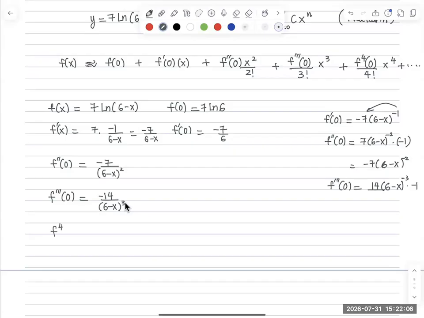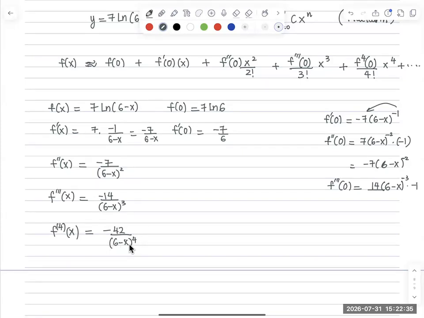So for f4, with the pattern that we have, oops, why did I write 0? That should not be 0, that should be x. And then we're going to have negative 14 times 3, negative 42 over 6 minus x to the power 4. If this is the fifth derivative, then we're going to take negative 42 times 4 over 6 minus x to the power 5.